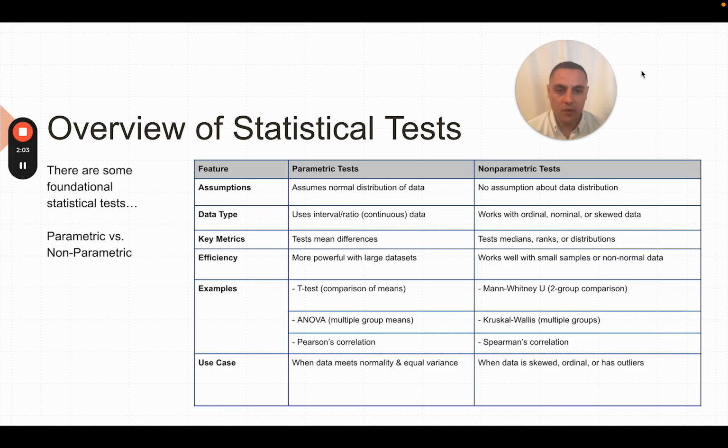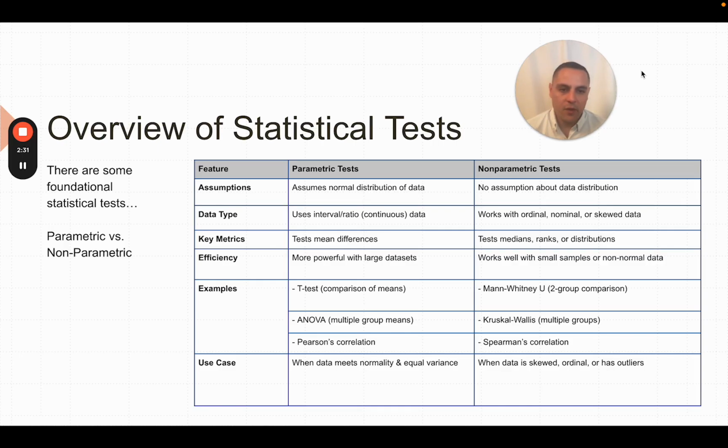It gets a little bit more complicated because, when we think about statistical tests, there's parametric tests which assume a distribution, and then there's non-parametric tests where there's no assumption about the distribution of the data. With parametric tests, that's used for continuous numeric data.